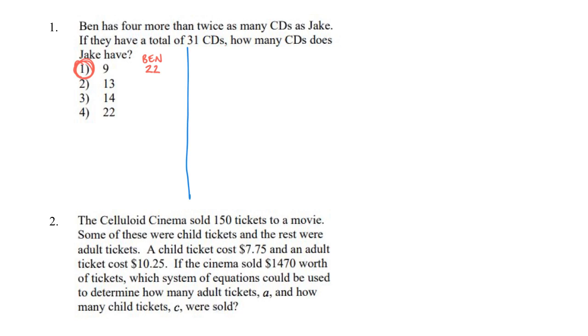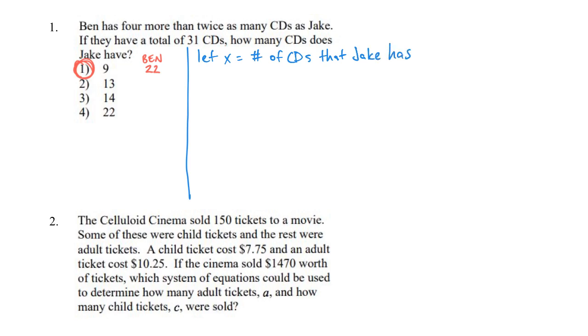I notice that Ben has more CDs than Jake does. Ben has 4 more than twice as many as Jake. So let's let X be the number of CDs that Jake has.